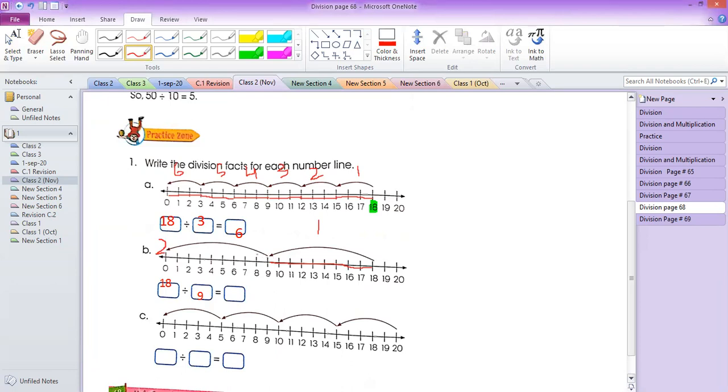Again, I will count back in 9: 1, 2, 3, 4, 5, 6, 7, 8, and 9. I reach 0. So 18 divided by 9 equals 2, because we have taken 2 steps from 18 when counting back in 9s to reach 0.